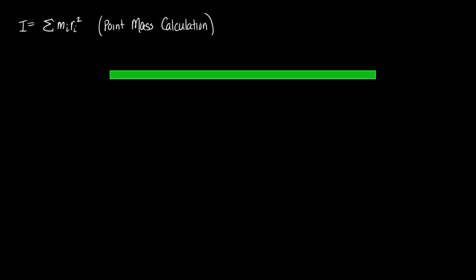But you will have to assemble some parameters in order to make this calculation. We're going to treat this like it's a meter stick, like it's very long compared to its width or its depth. And we'll give it some parameters. We'll say that the length of this object is L, and M represents the mass of the object.